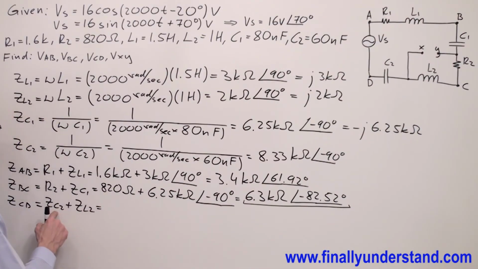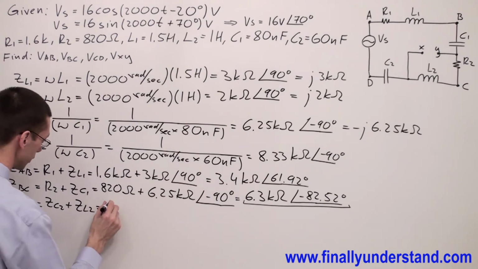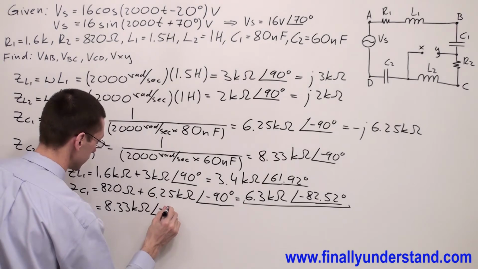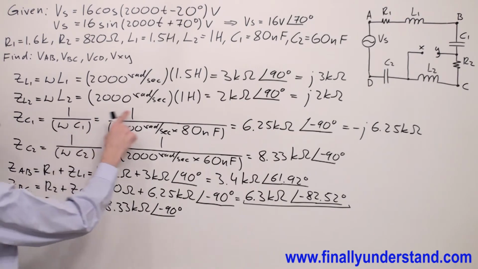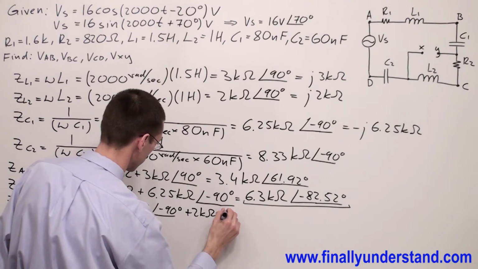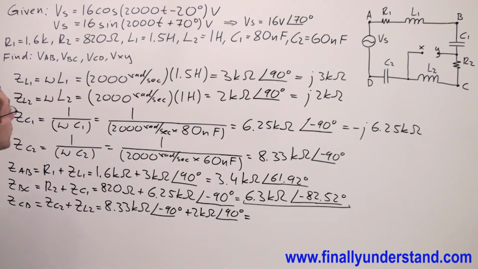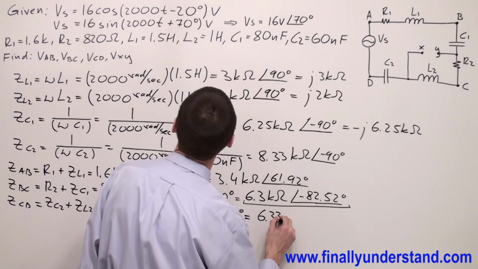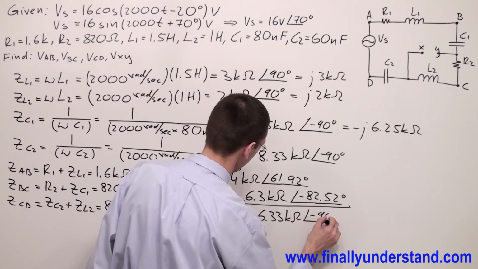This is equal ZC2, 8.33 kilo ohms and angle of negative 90 degrees, plus ZL2, which is equal 2 kilo ohms and angle of 90 degrees. Okay, this is going to equal 6.33 kilo ohms and angle of negative 90 degrees.